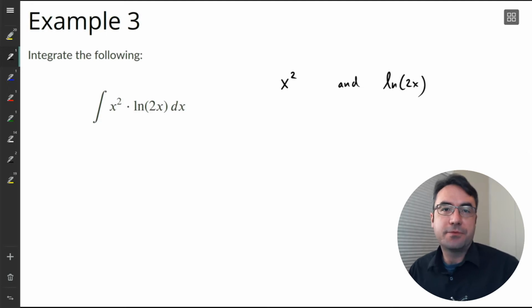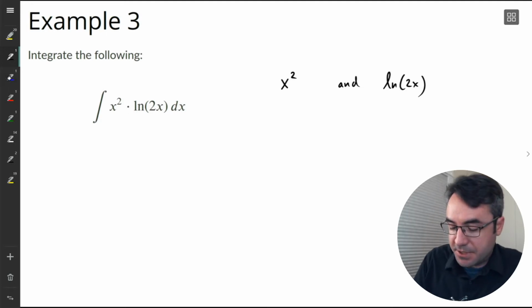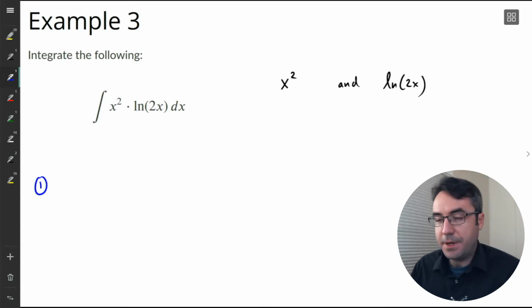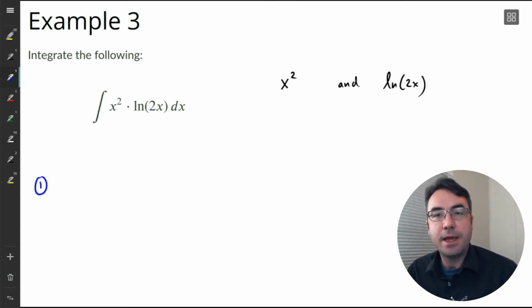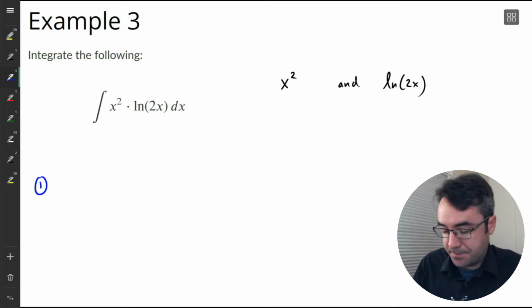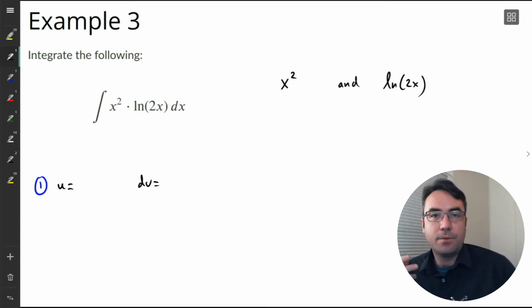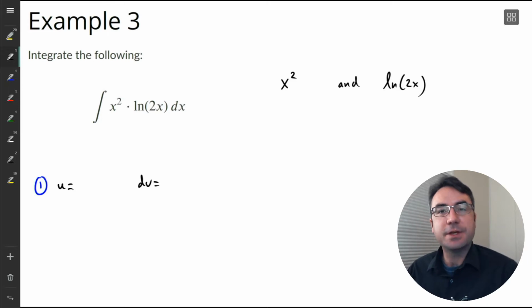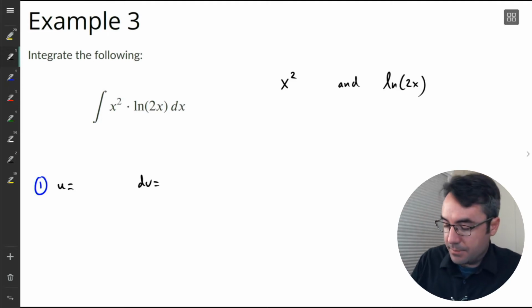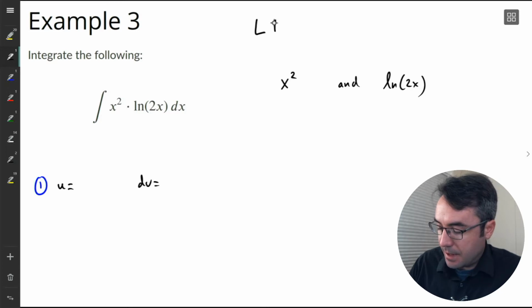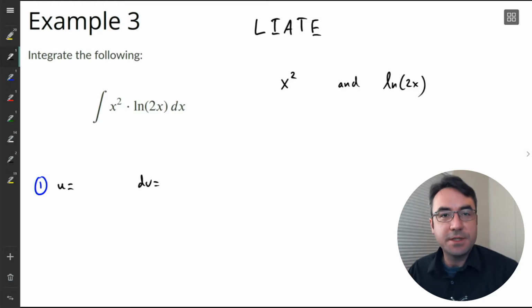And let's remember what the first step of integration by parts is. Step 1, we need to choose u and choose dv. One of our strategies for how to do this was with that acronym, so let's write the acronym at the top here, LIATE: logs, inverse trigs, algebraic, trig functions, and exponential functions.